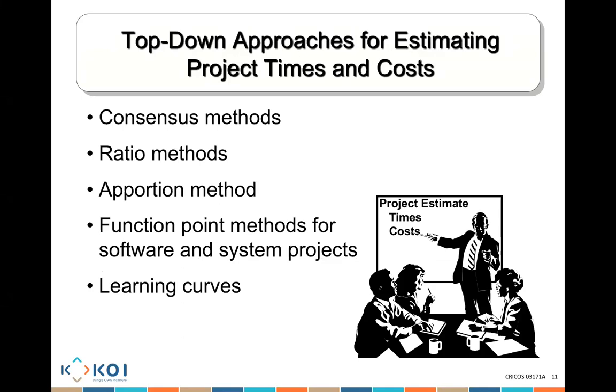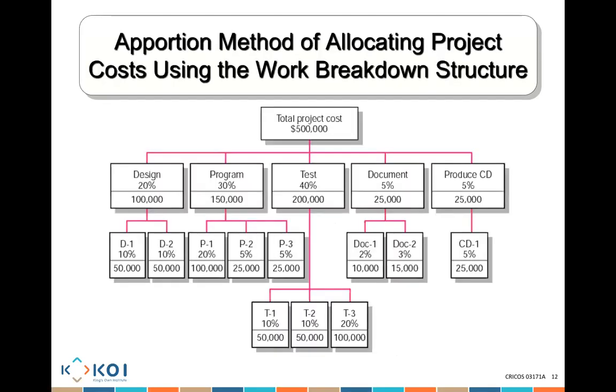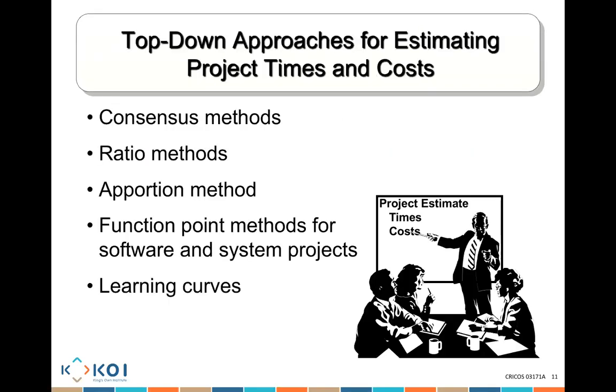For example, I want to create 60 user stories, and every user story will cost me $100. So 60 user stories times 100, you calculate how much all of them are going to cost you.